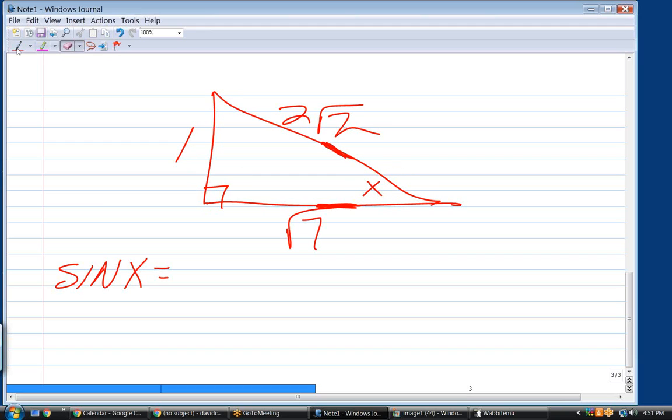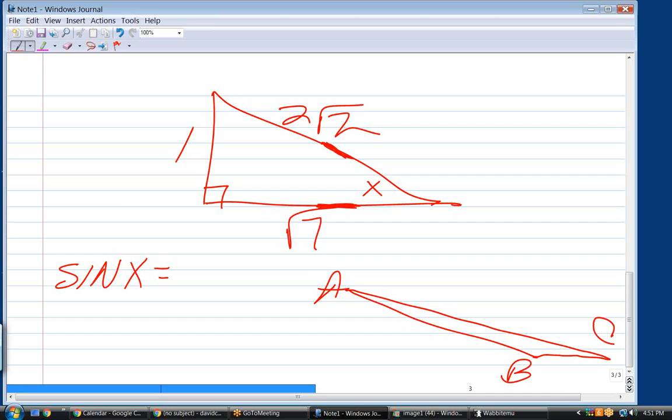Okay, so let's just take a particularly different one. I call this A, B, C. What's opposite theta? A. What line is opposite angle theta? In other words, we're not looking for an angle that's opposite it. I can see why you said A, but what we want is the side that is opposite that angle.